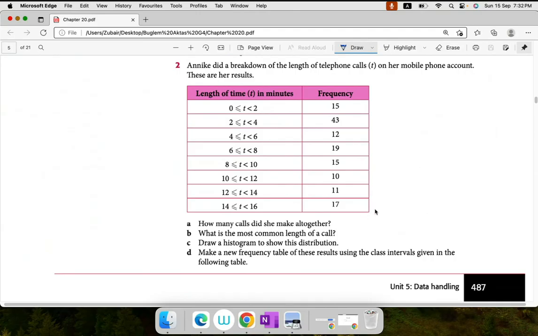I'm getting 142. Are you getting the same numbers? We just have to add all the frequencies, right? Yes. And I'm getting, yep, 142.